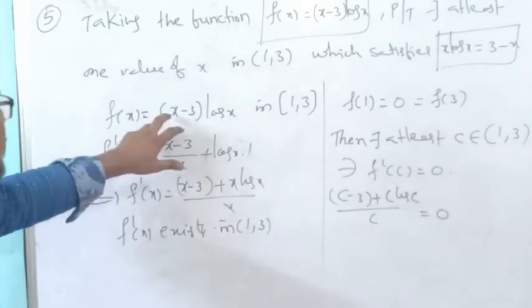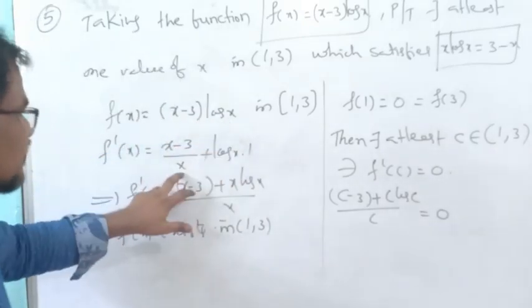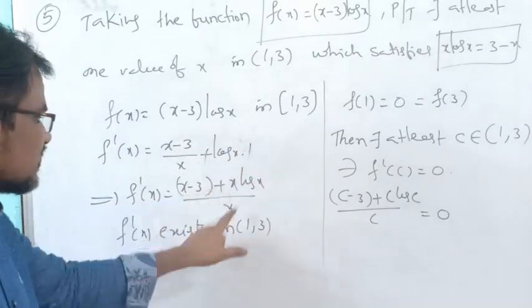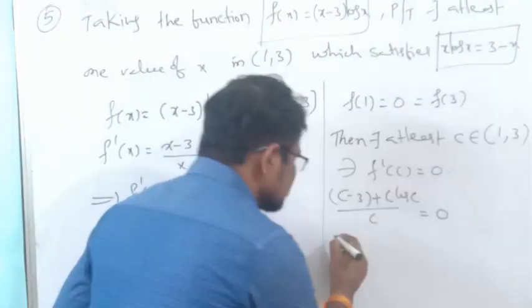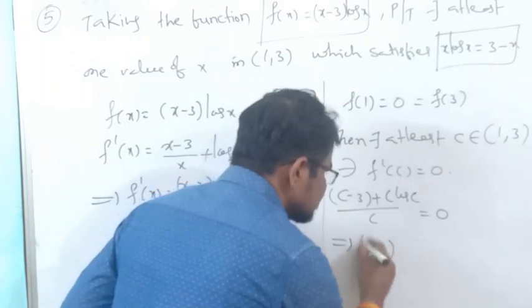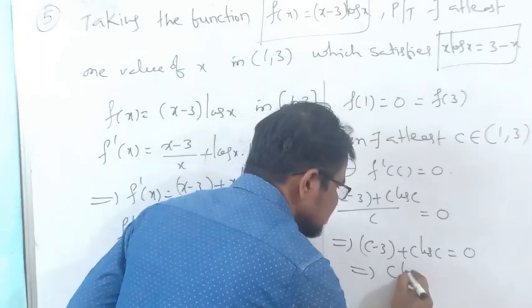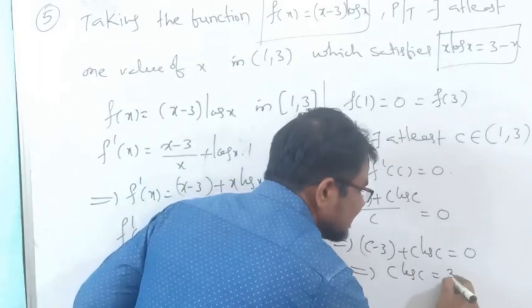Taking the LCM, x minus 3 plus x log x by x. Now that implies you can write it as c minus 3 plus c log c equal to 0. That implies c log c equal to 3 minus c.